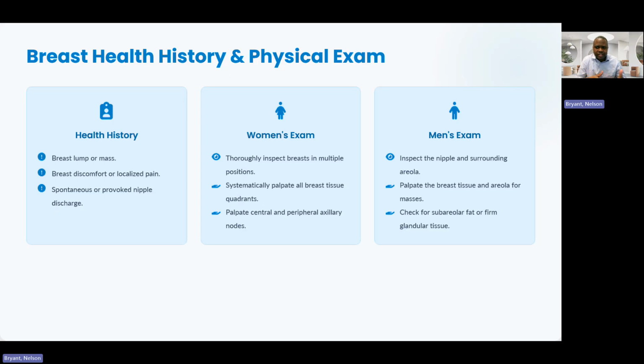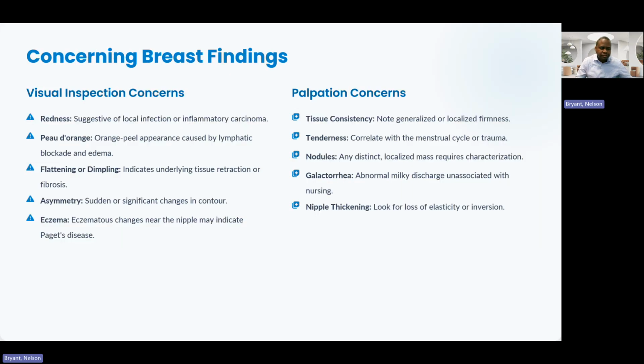And, for example, the axillary nodes, you will give it some time. It doesn't have to be rushed. But you will not be doing this during your video assessments. But in our second residency, we will give you an opportunity to assess the breast and the axilla of standardized patients.